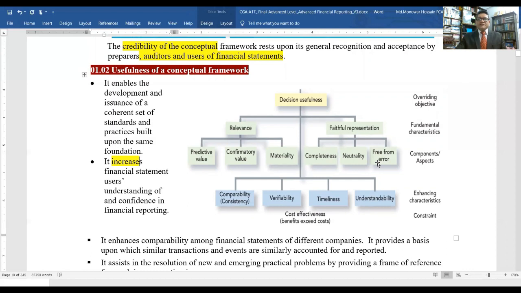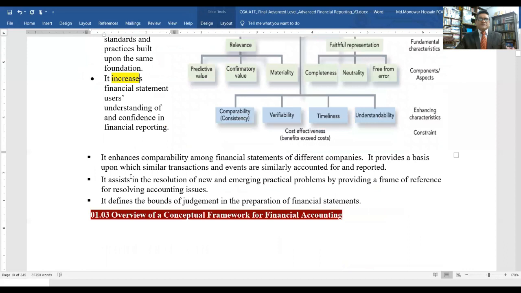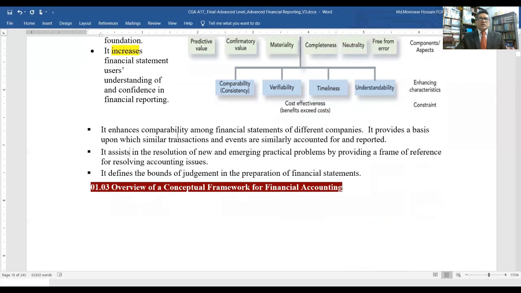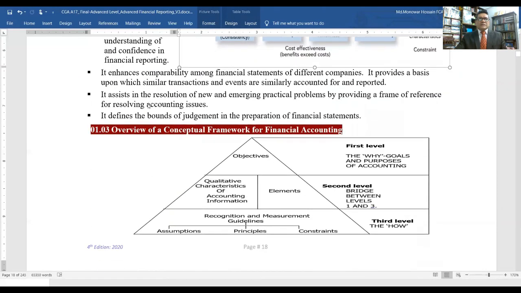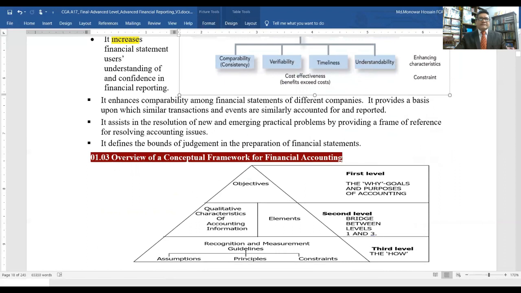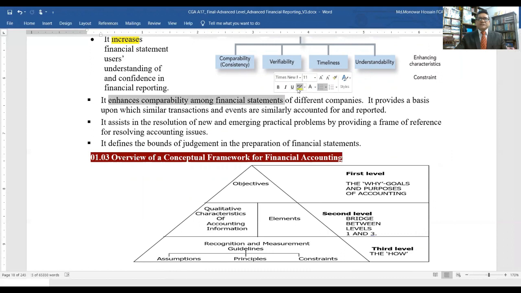Comparability and verifiability are also needed. It enhances comparability among the financial statements of different companies. It provides a basis upon which similar transactions and events are similarly accounted for and reported.